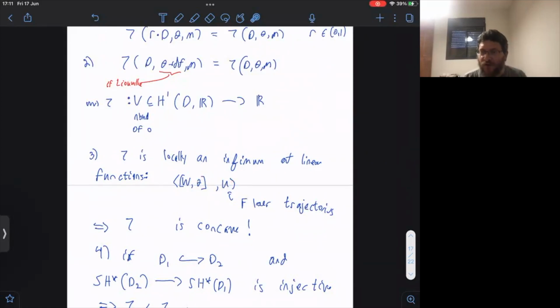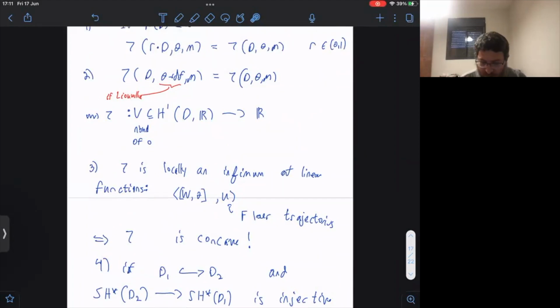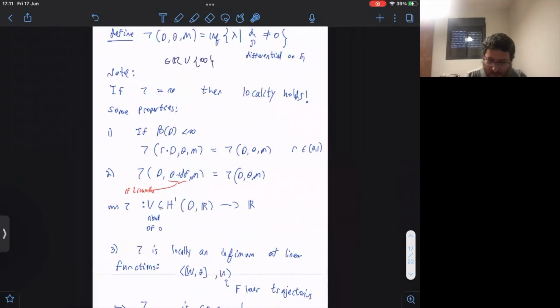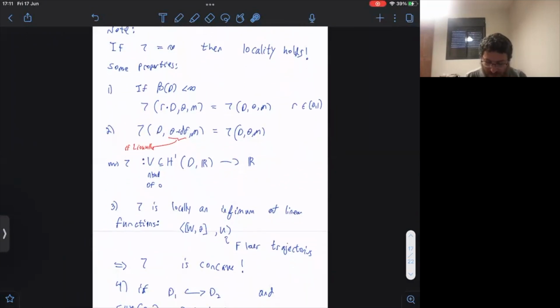So this is a linear function, and we defined an infimum over witnesses, and therefore we have an infimum of linear functions. So it's a concave function. Knowing that something is concave is a pretty strong thing.